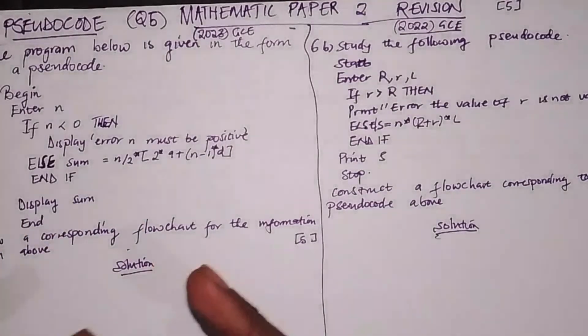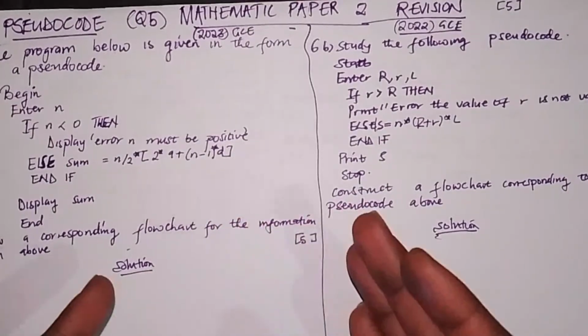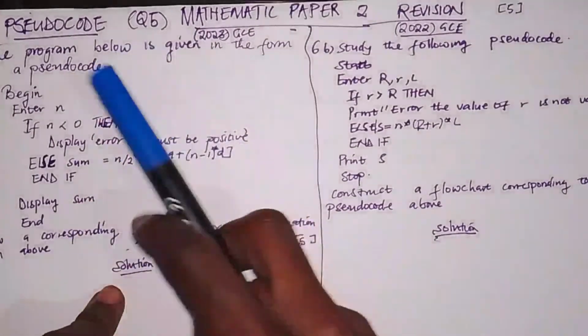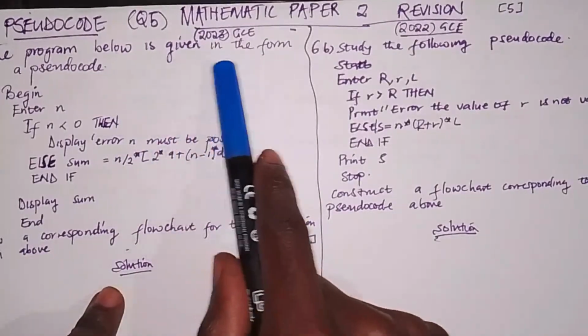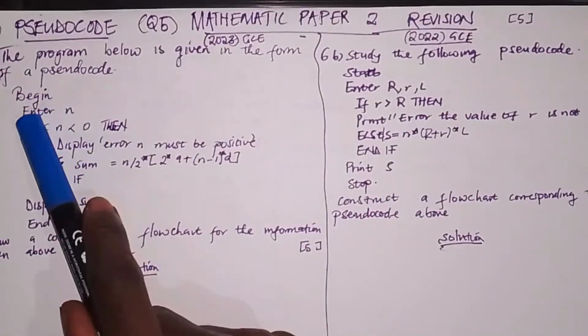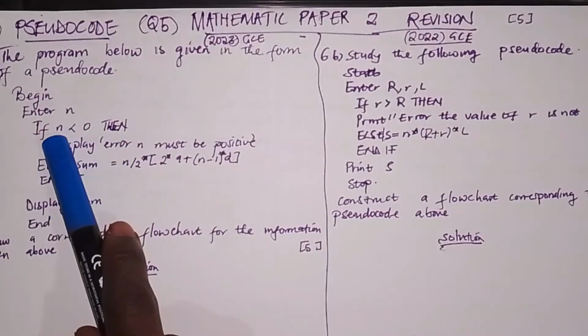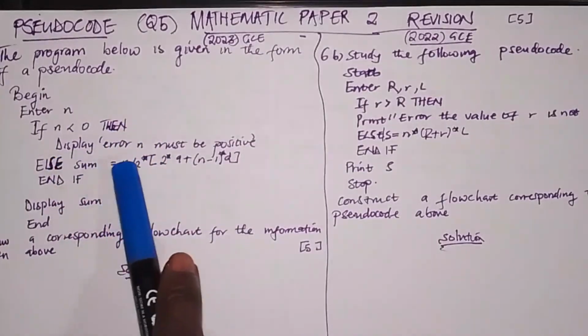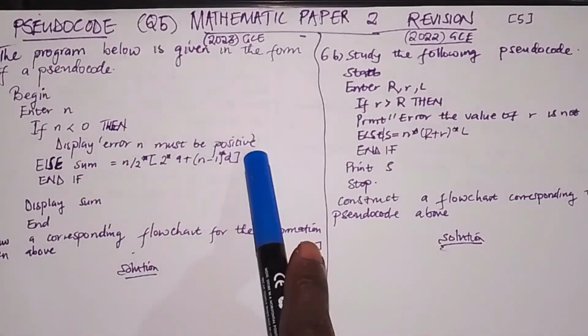Now, what do you need to know when you are drawing? Our question here says: the program below is given in the form of a pseudocode. Begin, enter n. If n is less than 0, then display error, n must be positive.